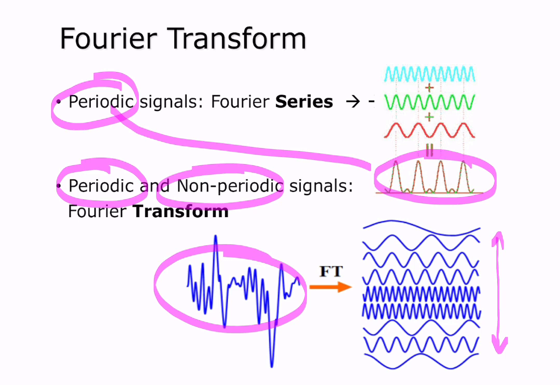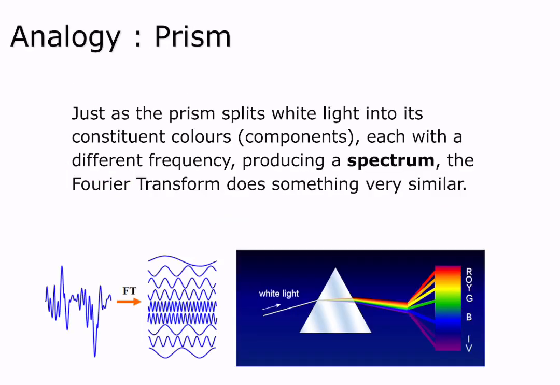We don't have an F0 because we don't have a T. We don't have a T because it's not periodic. So here we're adding lots of sine waves together, but they're continuous. They're not discrete. Whereas here it's discrete. Here we have F0, twice F0, 3 times F0. Whereas here we don't have that discrete nature. So all of this is just to set the scene for the Fourier transform.